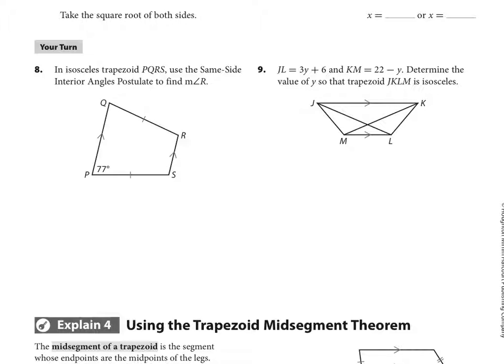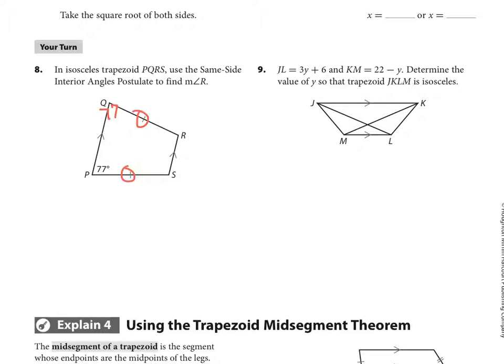So you have to figure out what the base angles are. Here are the congruent sides, which means this angle must be congruent to that angle. Those would be the base angles. So the measure of Q is 77.